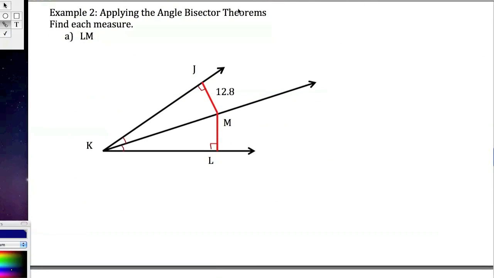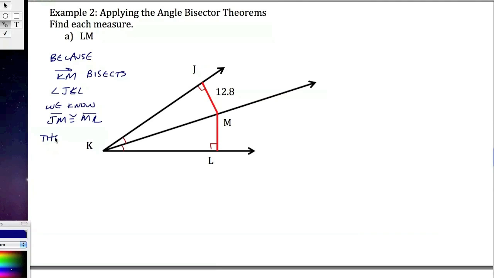In this one, we're finding the measure of LM. Because ray KM bisects angle JKL, we know that JM is congruent to, and that's a segment, ML.